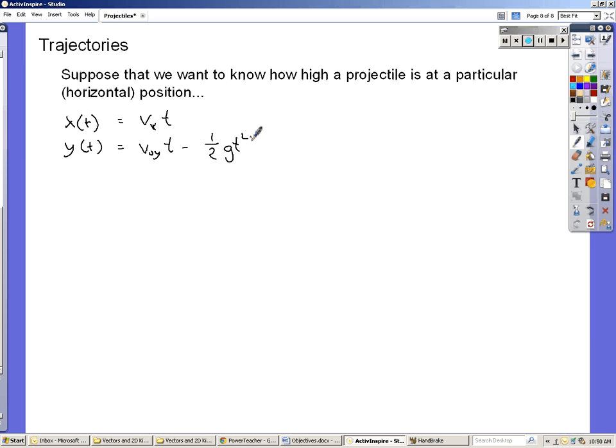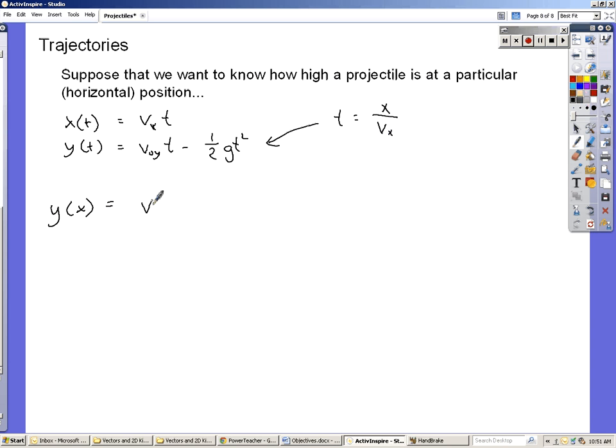What we'd like to do now is get a function for y from x, in other words, y as a function of x instead of x and y as functions of t. This would tell us the shape of the trajectory, although it wouldn't tell us where it is at any particular time. To do this, we've got to substitute and get t out of this. So the equation in x becomes t equals x over vx, and we will plug that into the equation for y.